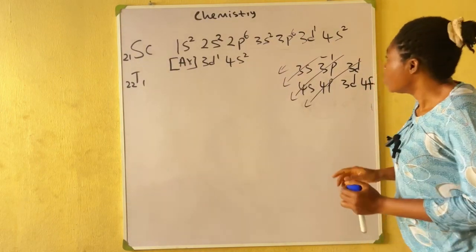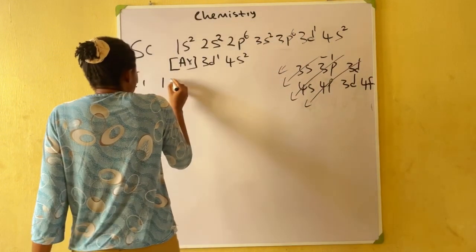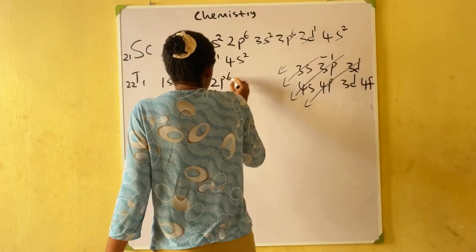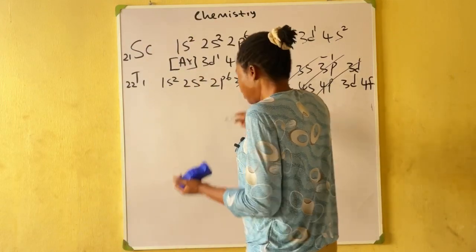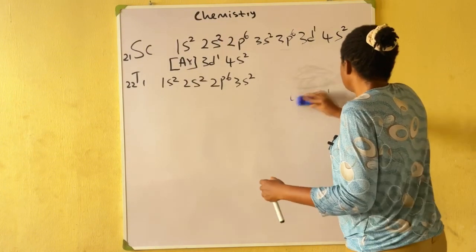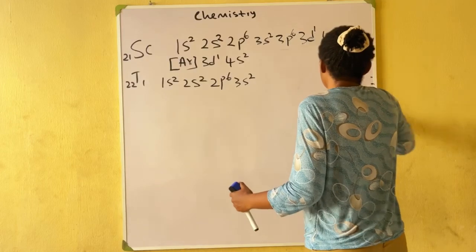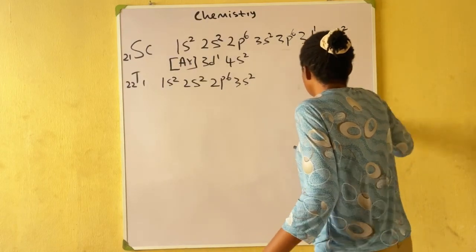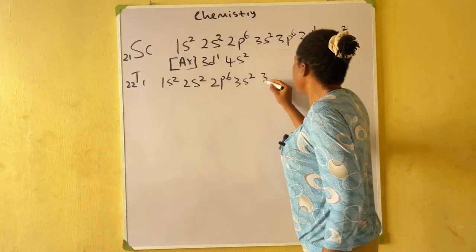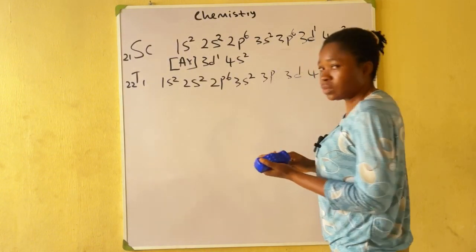So let's do titanium. Titanium is 22. The same thing: 1s2, 2s2, 2p6, 3s2, 3p, 3d, 4s.